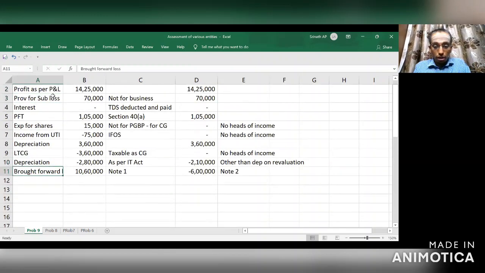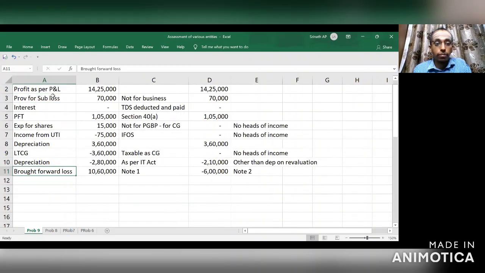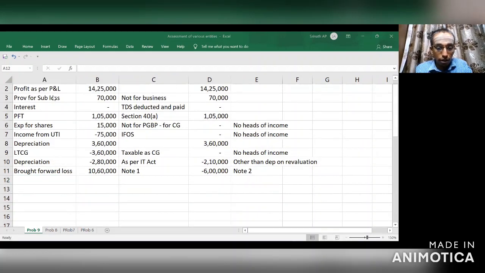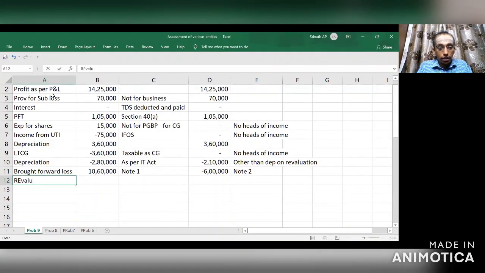So now, brought forward loss, unabsorbed depreciation. Then after that, revaluation surplus. Revaluation should not be considered here also.